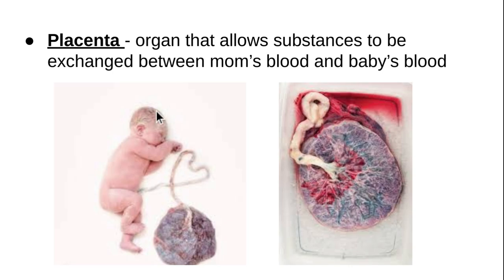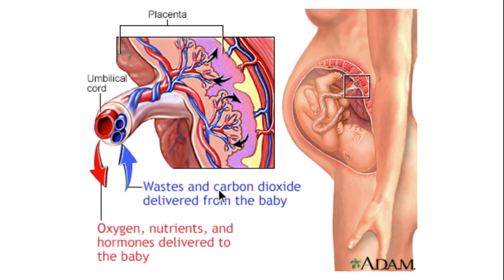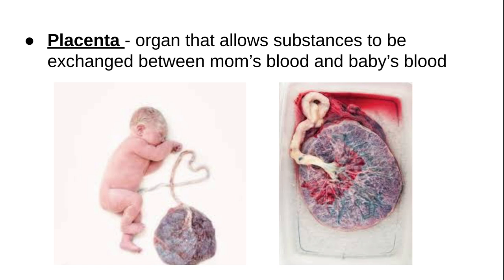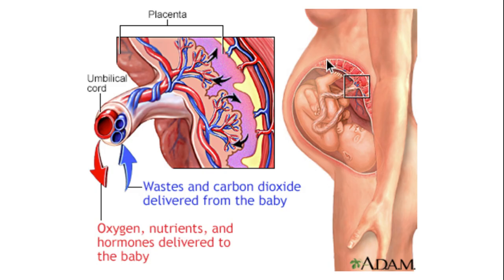So after you give birth, the baby comes out, and then actually you have to give birth to this whole thing too. Normally people don't really think about that, but it has to happen. So as you can see in here, here's the little placenta. It attaches to the uterus, and it's got veins in it.